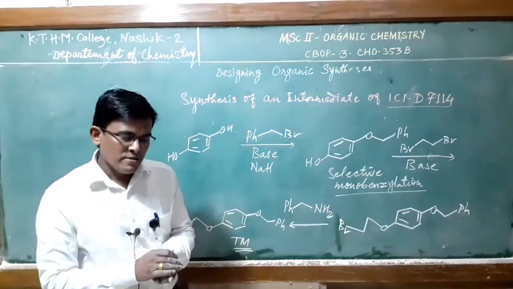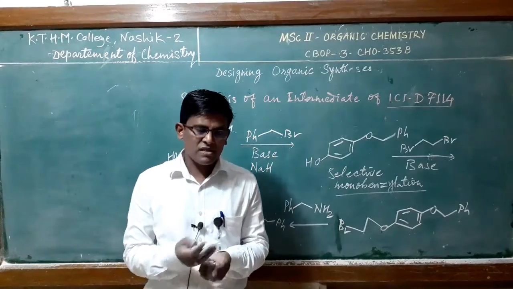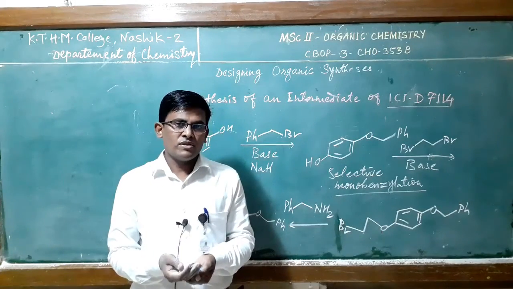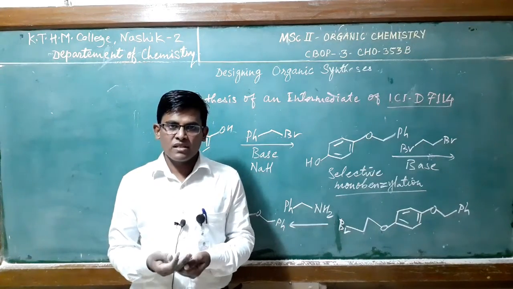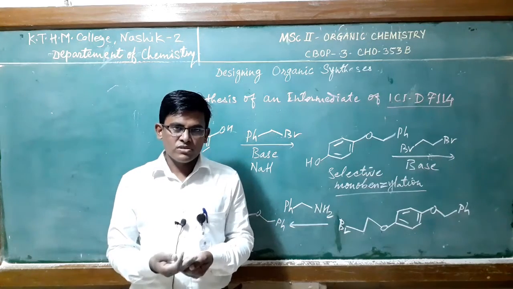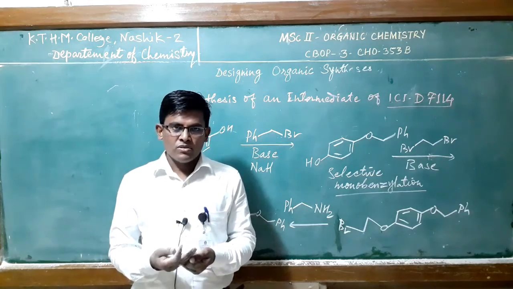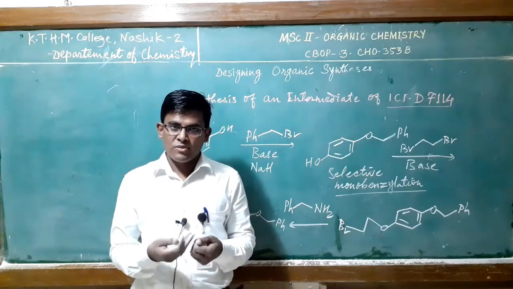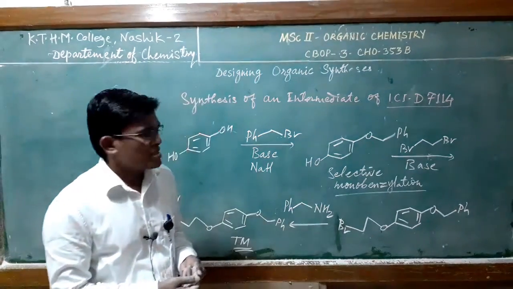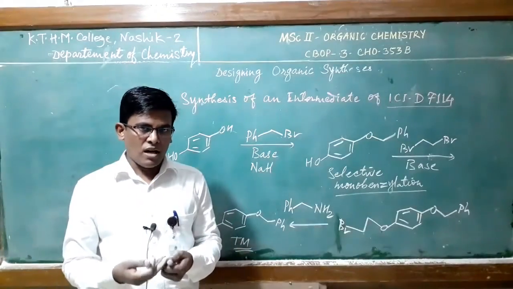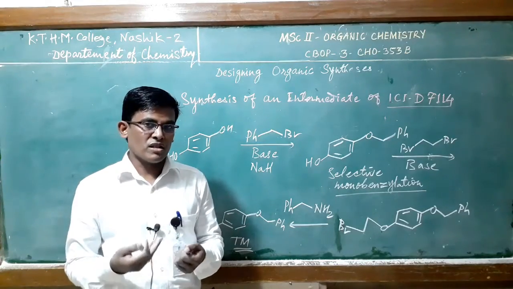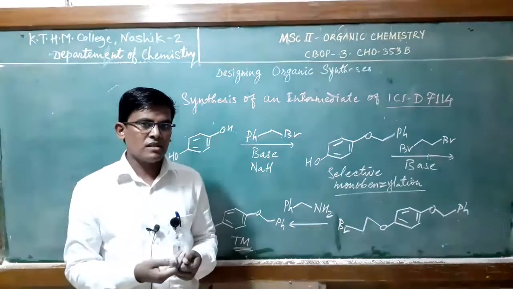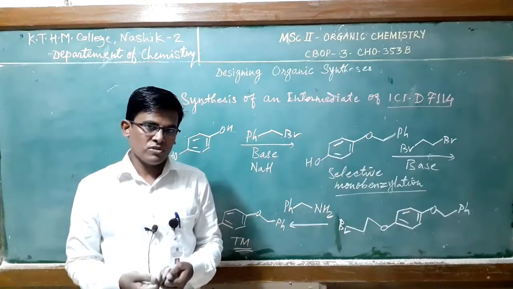And guideline 3 tells us that we should consider the alternative disconnections and choose the appropriate route that avoids the chemoselectivity problem. In multistep synthesis we will often observe the chemoselectivity problem, so in that regard these guidelines are very useful.